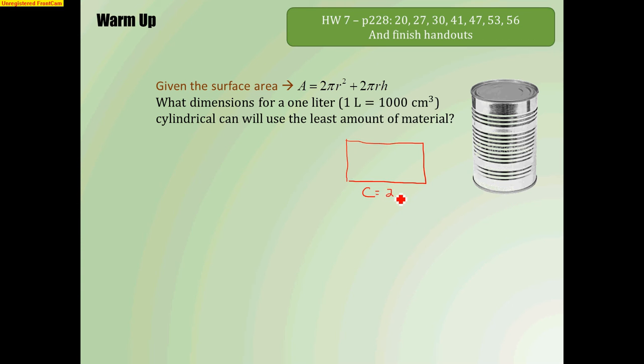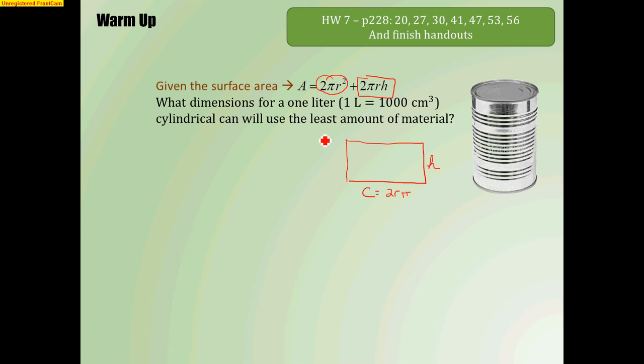But isn't that 2 times the radius times pi? And then isn't this the height of the can? So that's where this part of the surface area formula comes in. This is just the area of a rectangle, where the length is 2 pi r and the height is h. And again, this is 2 circles, the top and bottom of the can.